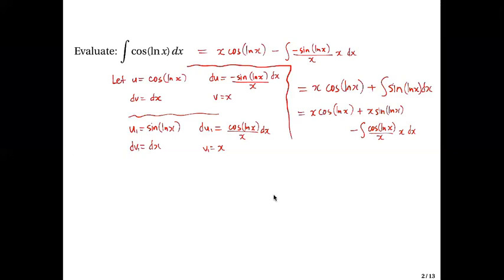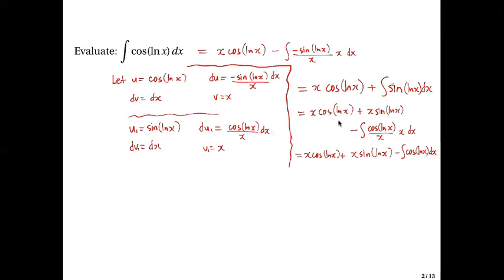And of course, if we simplify this, we will have x cosine of ln of x plus x sine of ln of x, and then minus the integral of cosine of ln of x dx. Okay?